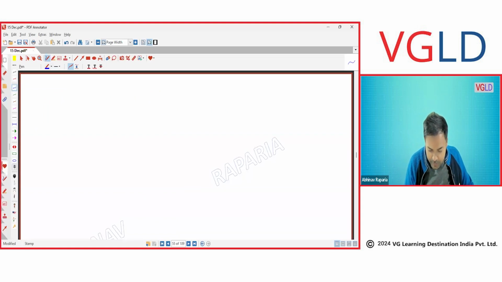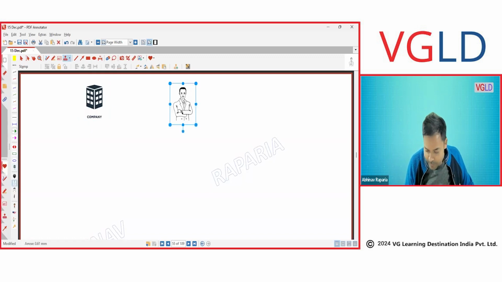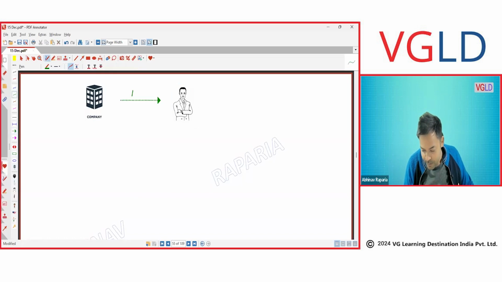Whenever the company is making the distribution, especially whenever the company is giving assets, assets can be of how many types? Two types. What are the two types?